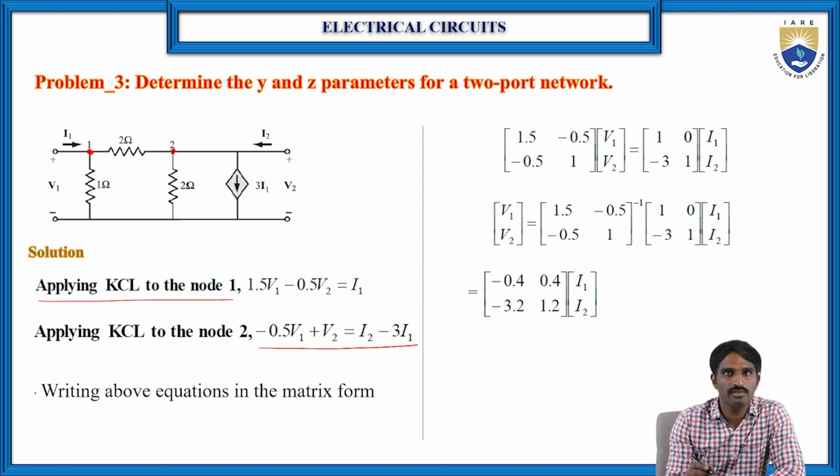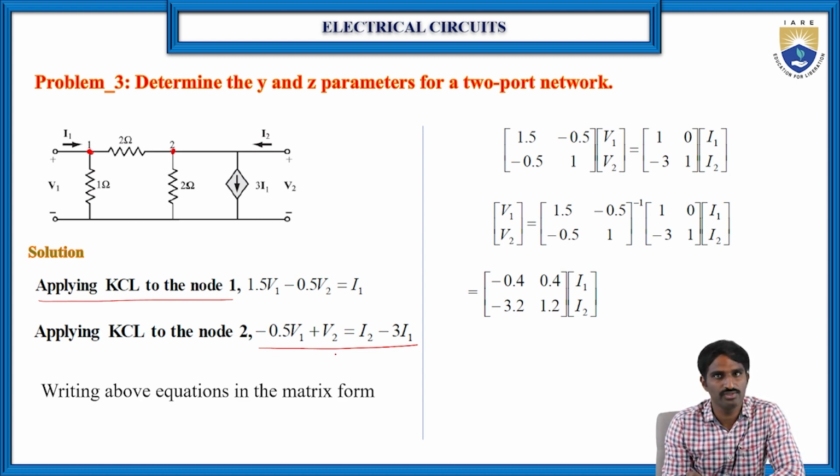Then 1.5 V1 minus 0.5 V2 is equal to I1. Similarly, by applying KCL at node 2, you will get minus 0.5 V1 plus V2 is equal to I2 minus 3 I1, right?